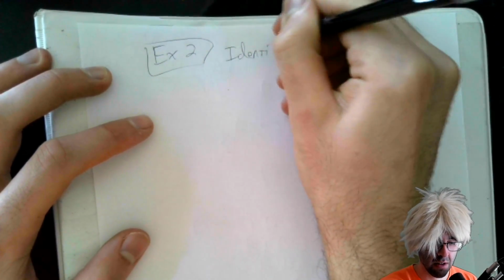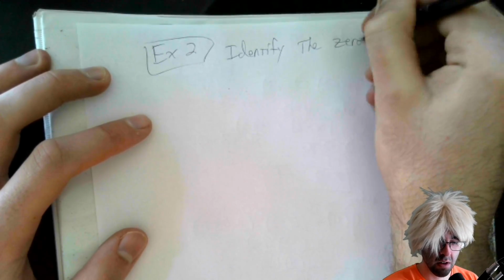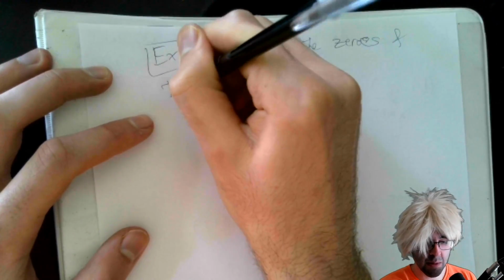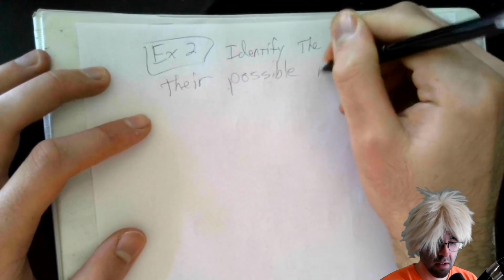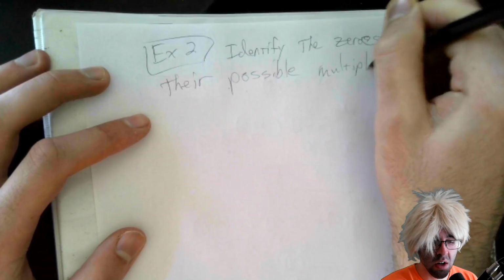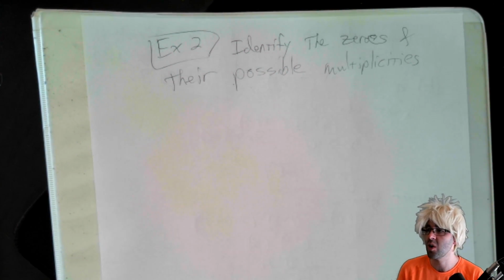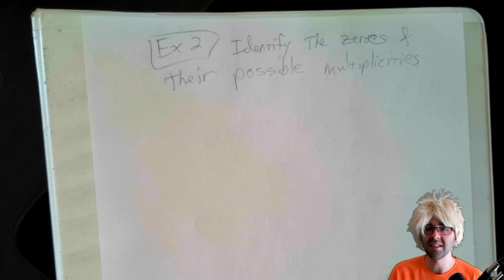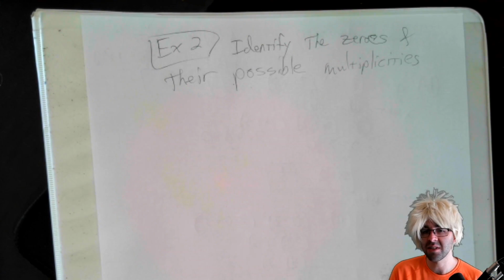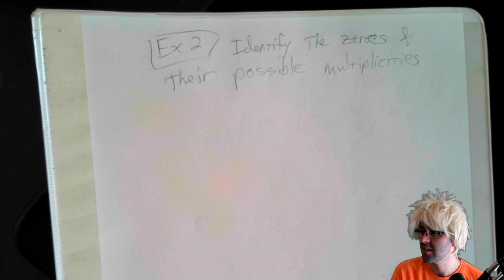Identify the zeros and their possible multiplicities. Because we don't really know. We said if the multiplicity is 1, it just crosses. If the multiplicity is even, it bounces. And if the multiplicity is odd and at least 3, then it kind of zoops.